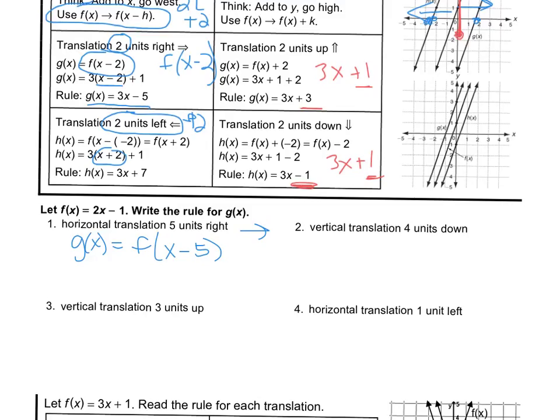Okay, now I'm going to take this and I'm going to substitute it in for my function. So I'm going to have g of x equals 2 times x minus 5. And then minus 1 is part of my function. So now I can simplify, combine like terms.